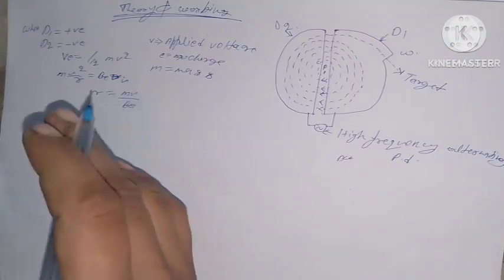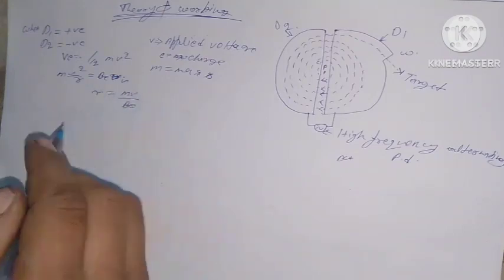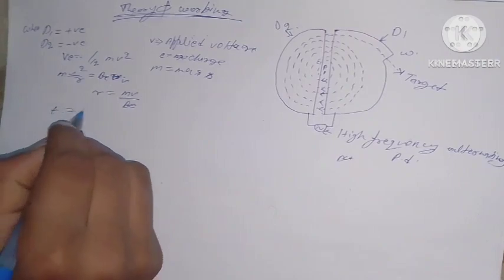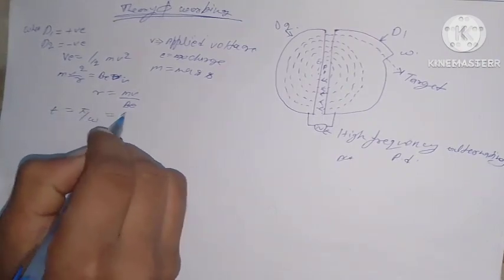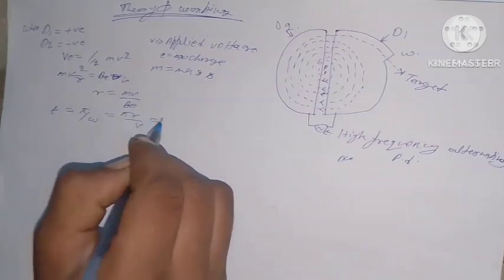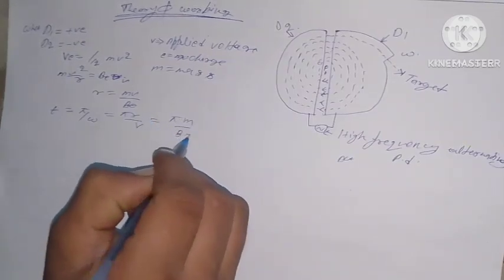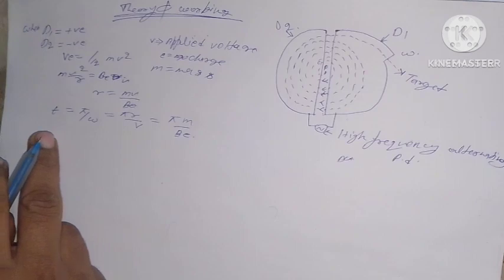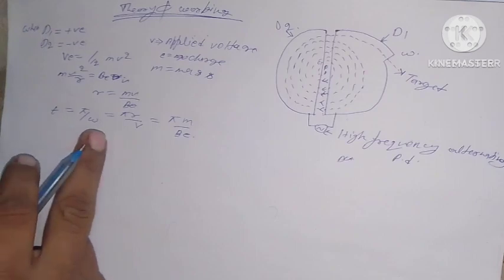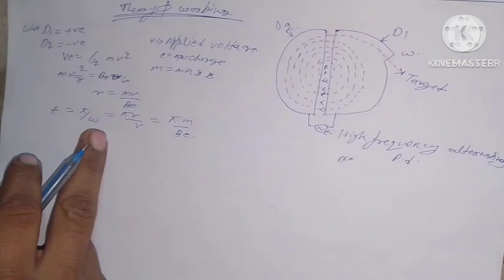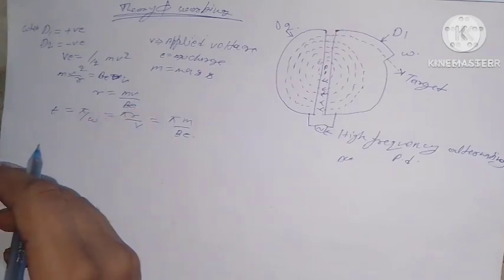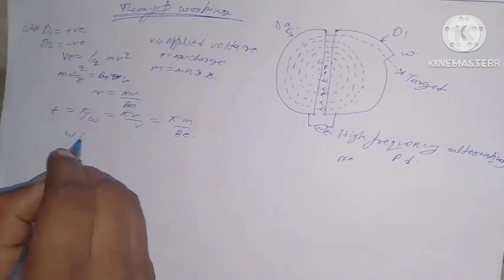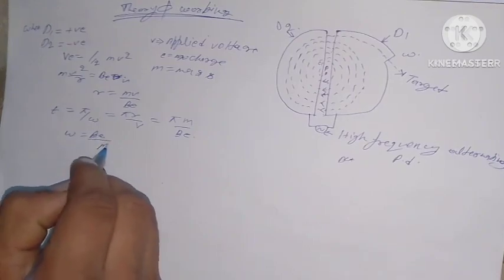The time taken by the positive ion to travel the semicircular path is t equal to pi by omega equal to pi r by v equal to pi m by Be, where omega is the angular velocity of the ion in the circular path and omega equal to Be by m.